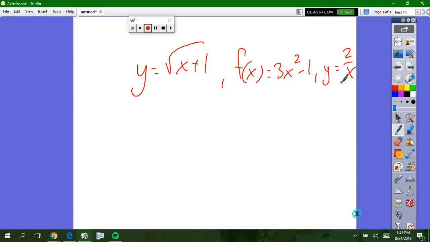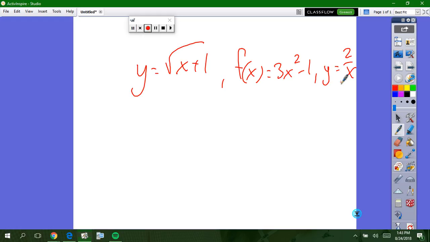What's a whole number? Our natural numbers are 1, 2, 3, 4, 5, 6, 7, 8, 9, 10. Our whole numbers include 0. So 0, 1, 2, 3, 4, 5, 6.